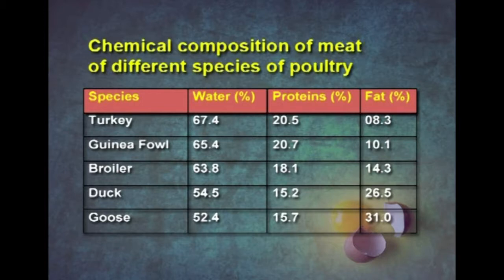Poultry meat has high protein content which varies from 18 to 25% and is comparable in quality and nutritive value to other meats. It contains all the essential amino acids which are required for building the body tissue, and there is very little fat in the meat of young birds, but the fat content is influenced by age and increases with age and also by the species of poultry, as you can see in the tabular column.